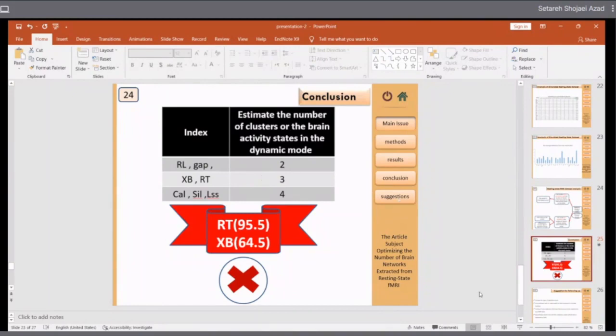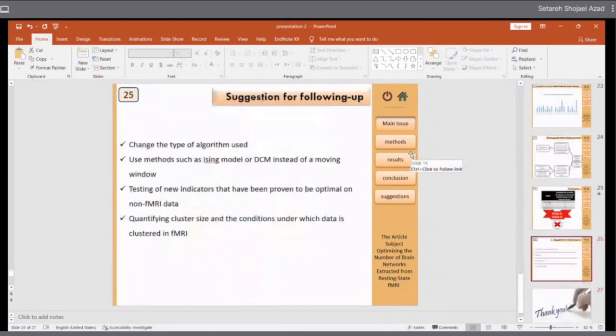Also, for the windowing method we used, we can use Ising or directly compound multinomial instead of a sliding window, and evaluation indices could still estimate the optimal number of clusters or not.